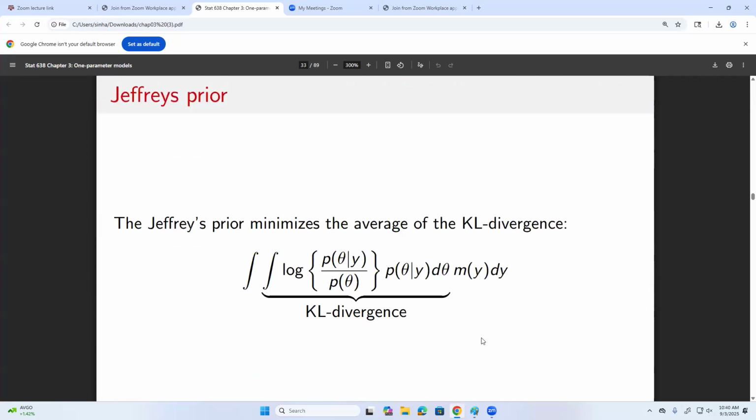And so Jeffreys prior maximizes the Kullback-Leibler divergence, which between two density functions is defined as follows. One way of defining the divergence. And here you can see the numerator is the posterior density and the denominator is the prior density function for the parameter.